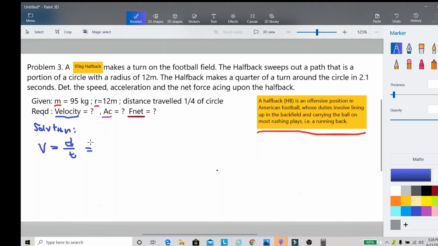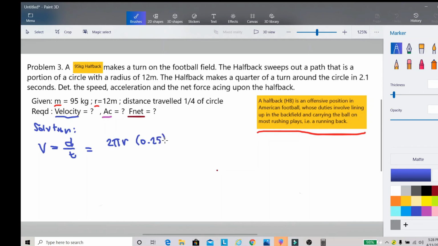The distance that is traveled by the halfback or the football player is one fourth of the circumference of the circle. So that is actually 2 pi r, which is the circumference of the circle, divided by 4. Or we can just multiply that by 0.25 because that is one fourth.